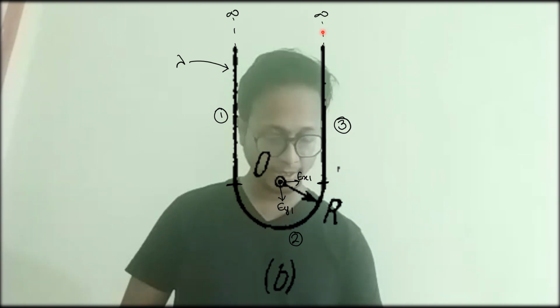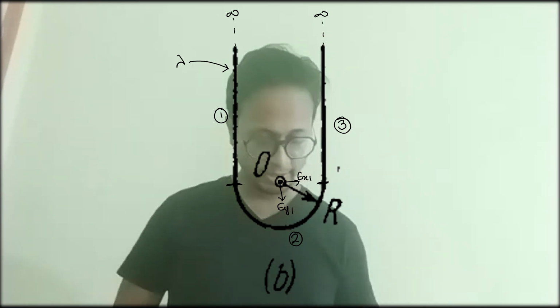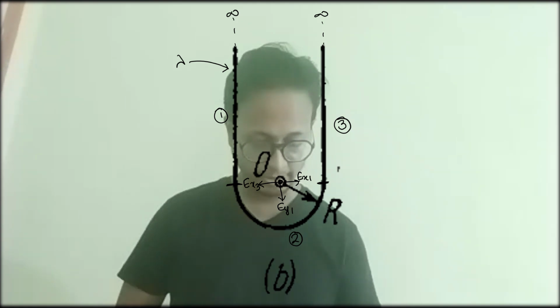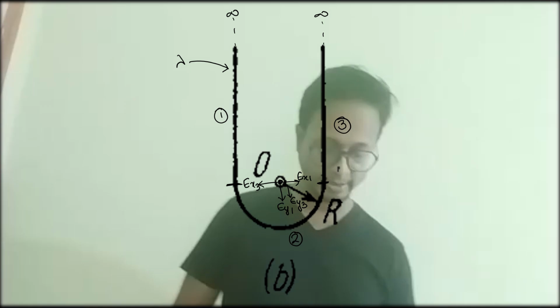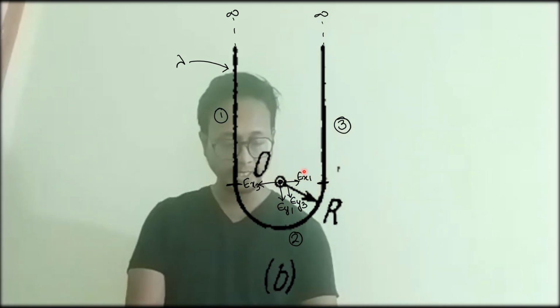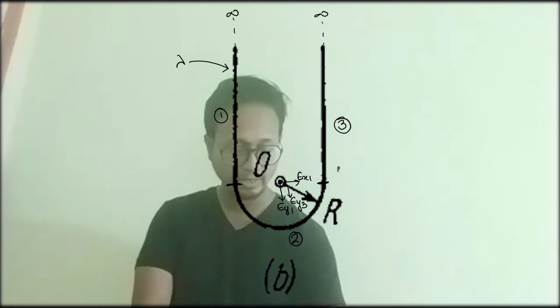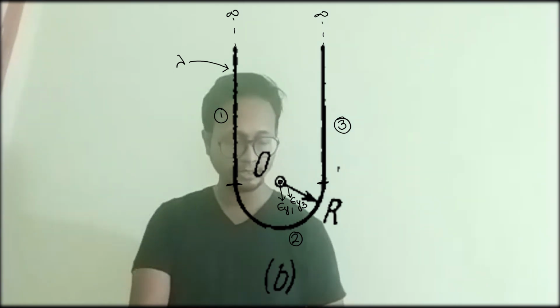Similarly, due to the third wire, the x component of the electric field would be in this direction, Ex3, and the y component would be in this direction, Ey3. Now if you observe properly, the x component of this wire and the x component of this wire are getting cancelled. So this component would cancel out this component.